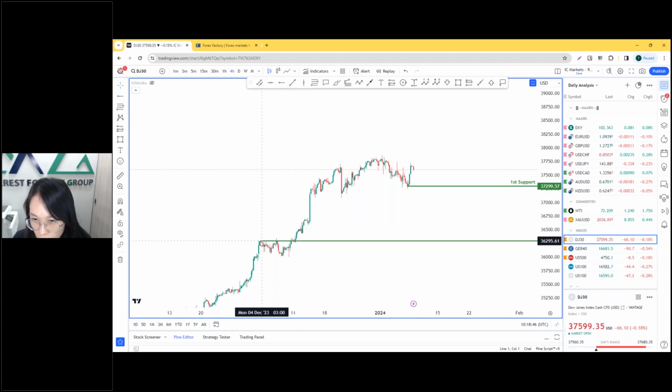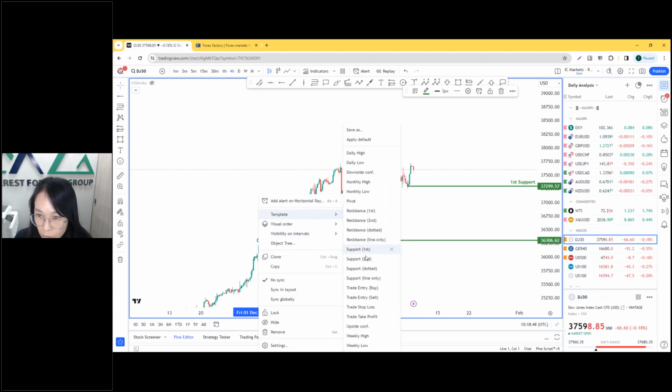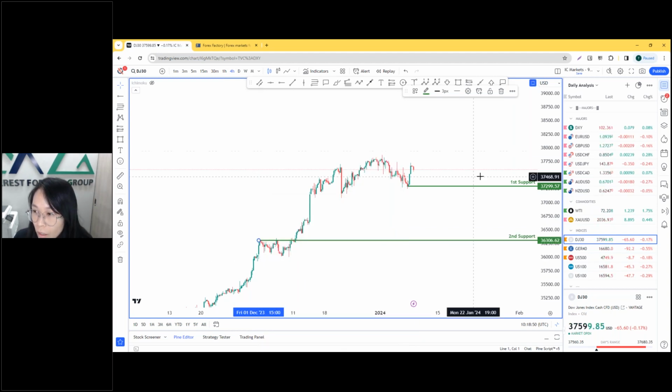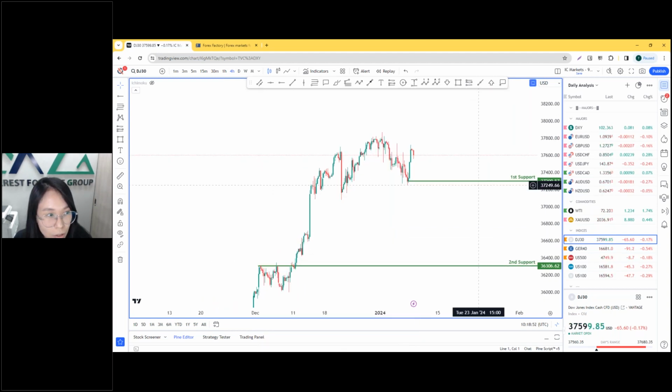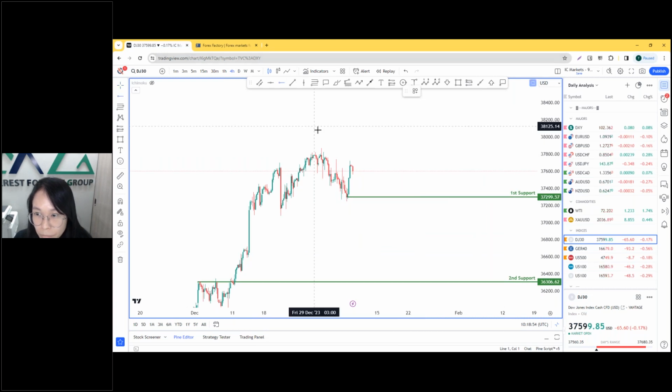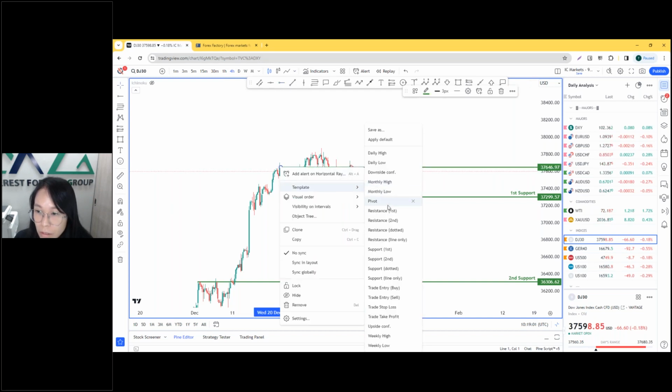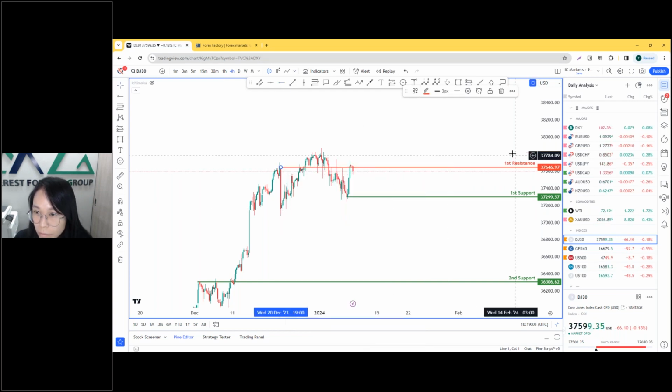Okay, no, that's not really valid. This will be my second level of support. And resistance is also pretty straightforward for the first one. It's right here. Could extend it all the way here to this candle. Our second can be the wick here.